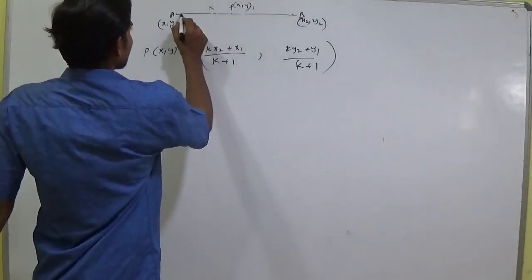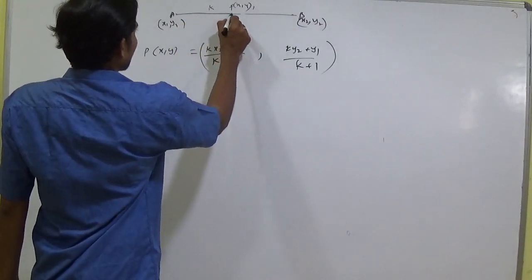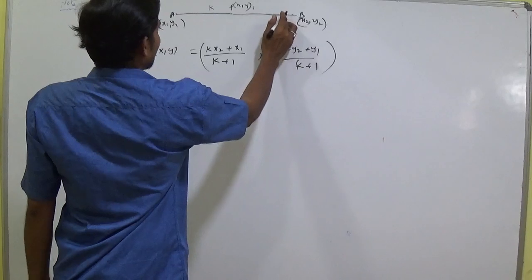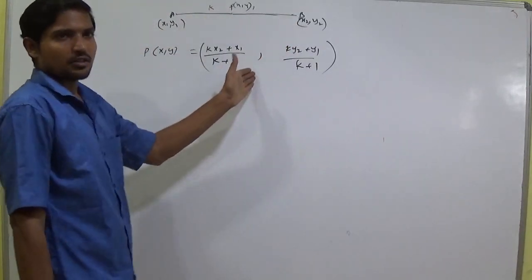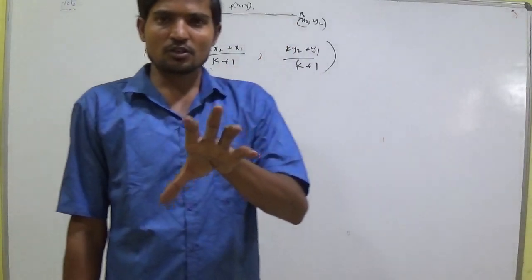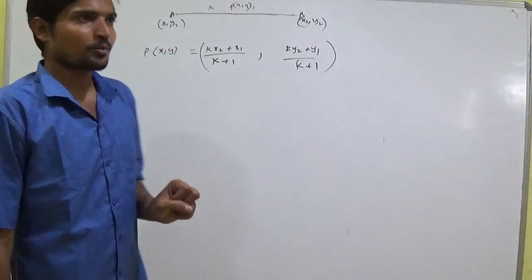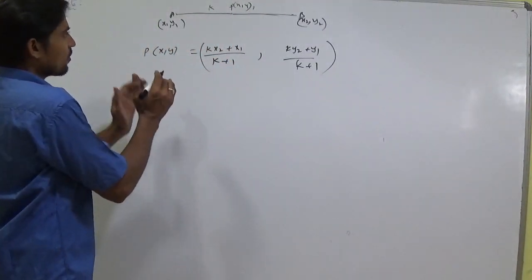1:1 ratio means up to here is 1, here is 1. 1 unit distance, 1 unit distance. That means that is the midpoint. So coordinates of a midpoint. So P divides 1:1 ratio.